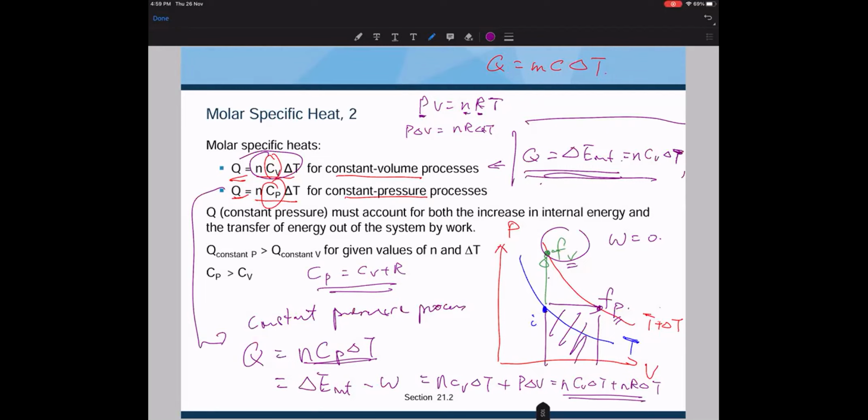So for any of the gas, the CP and CV are related to one another by a difference of R. That is something we will see in the coming slides.